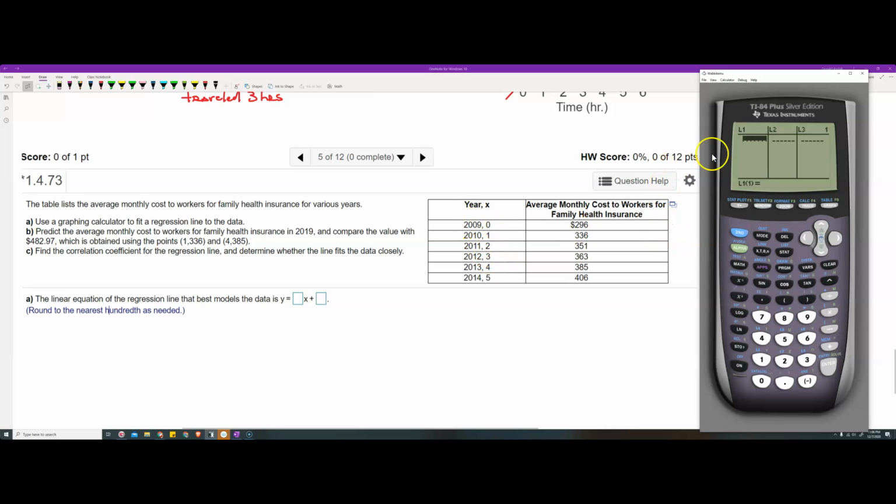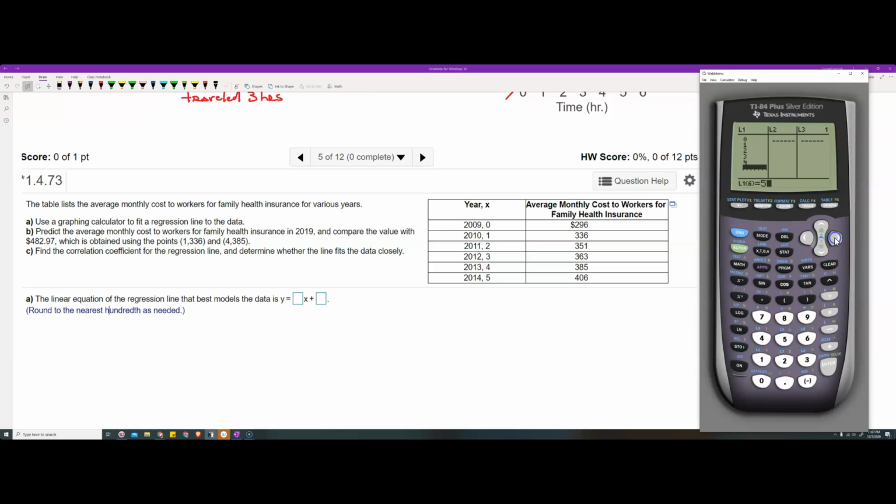So you don't type in 2009, you type in 0 for 2009. 1 represents 1 year after that, and so on. So we'll type those in for our List 1.